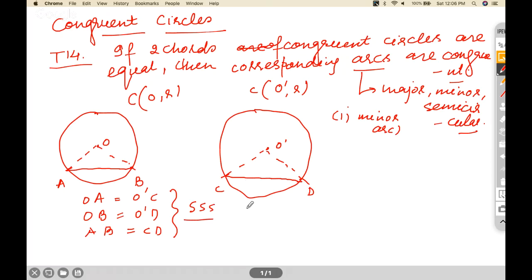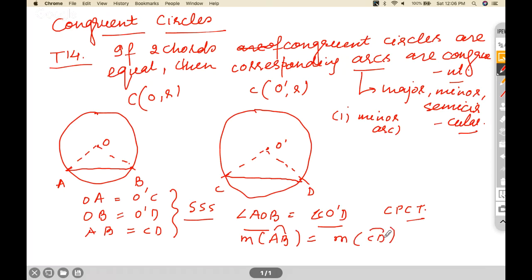If it is SAS congruency, then angle AOB is equal to angle CO dash D. It means that both the chords, if chords are making corresponding angles, this is by CPCT, you can write here that measure of chord AB is equal to measure of chord CD, or AB is congruent to CD. As simple as that.